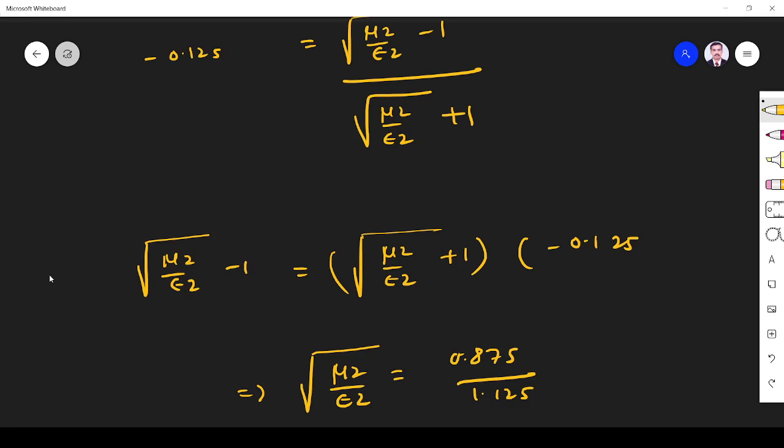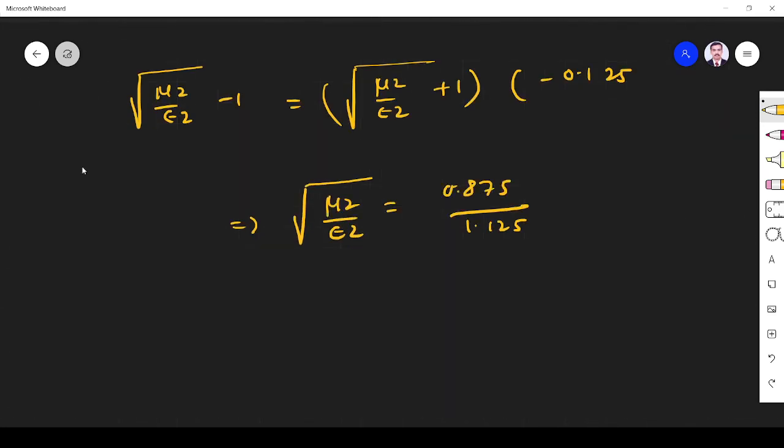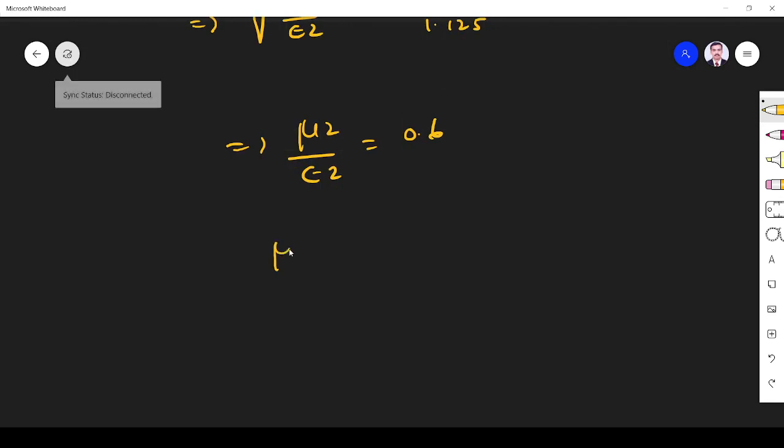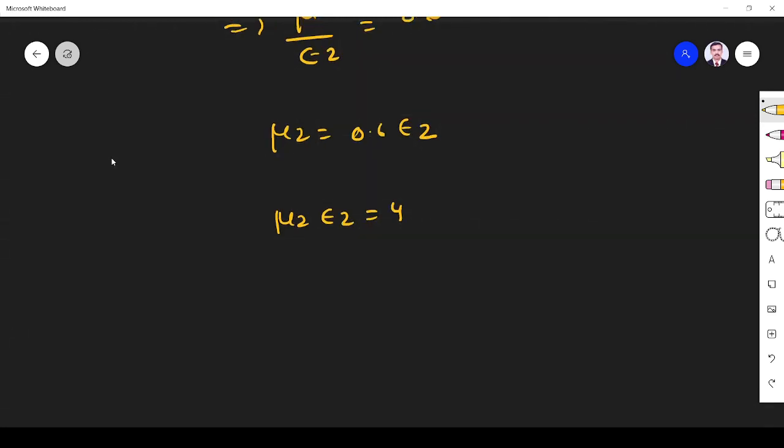So if you take the value, root of mu 2 by epsilon 2 is 0.6. So we know from this mu 2 is equal to 0.6 epsilon 2.